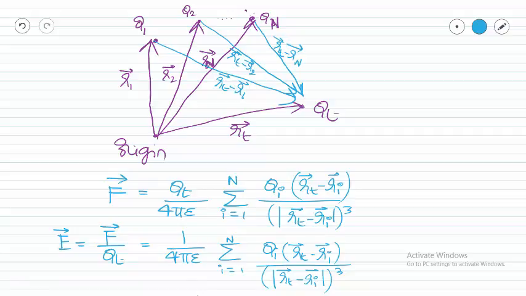So what you can say from this is that the electric field intensity depends on the charges which are creating the field and on the distance between those charges and the point where you are finding the electric field. So when it is a positive charge, the electric field lines are radially outward.